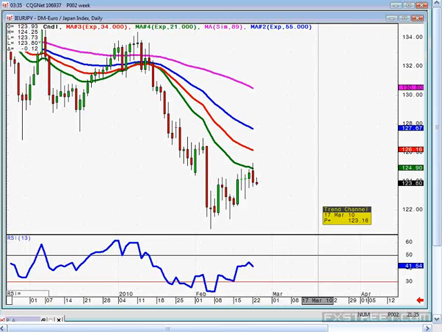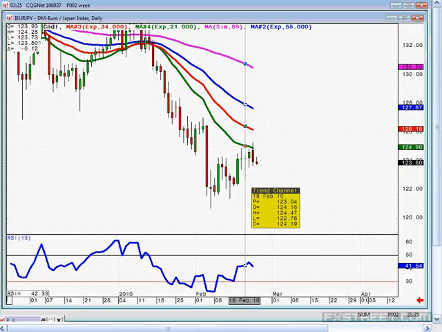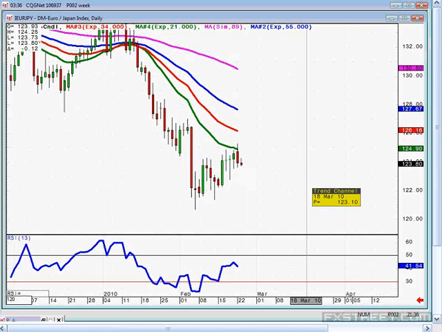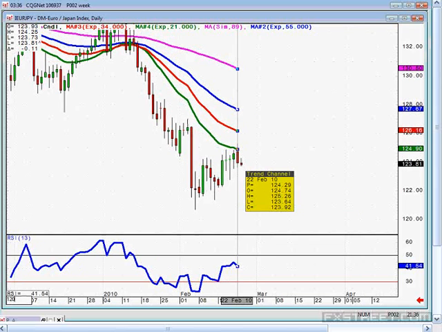If you notice on the daily chart, for the last 3-4 days it has been range trading, meaning one day is up, one day is down, and in fact you see a doji here, indecisive. The market is really uncertain.